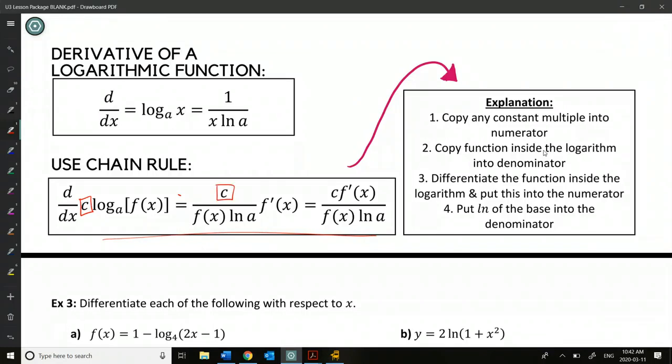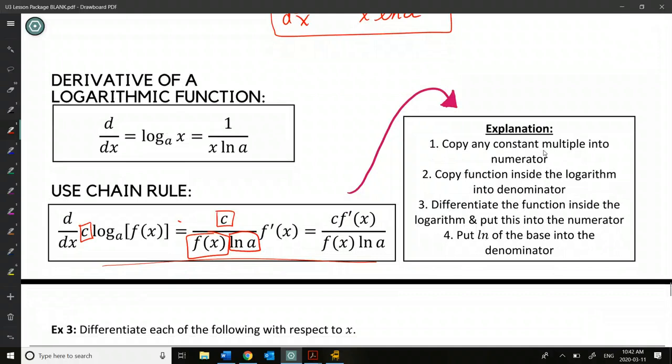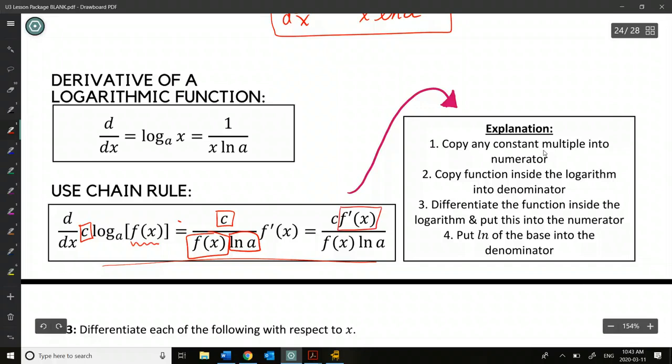You will copy the function that's inside the log into the denominator. You'll multiply that by the ln of the base, just like we saw here, ln of a. And if you have anything other than just a single x inside your logarithm, you're going to place the derivative of that function in the numerator, okay?